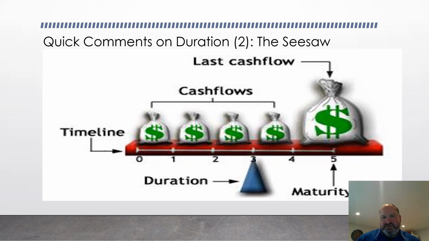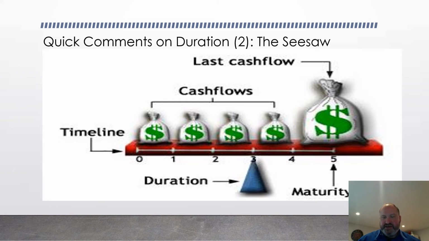If you just imagine for the sake of argument, it wouldn't make a lot of sense, but if these bags were all the same size and the coupons were as big as the maturity payment, which technically could be possible, then this arrow would have to move to the left. It would have to move to be about 2.5 instead of 3, because you would have 5 equal amounts and you want to be right in the middle.